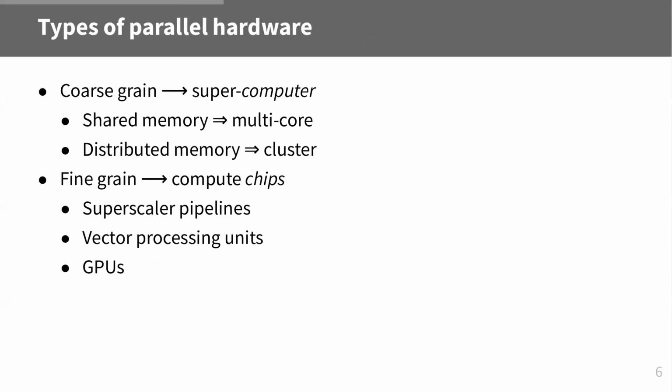And that leads me to distinguish between the different types of parallel hardware that you will find both in a supercomputer like the CHPC's cluster and also in your own computing hardware, whether it be your laptop or even your cell phone. At the coarse grain, this is the macroscopic level, we have the supercomputers like the CHPC cluster. And these are usually distinguished by shared memory. That's a lot of cores in a single computer or compute node.